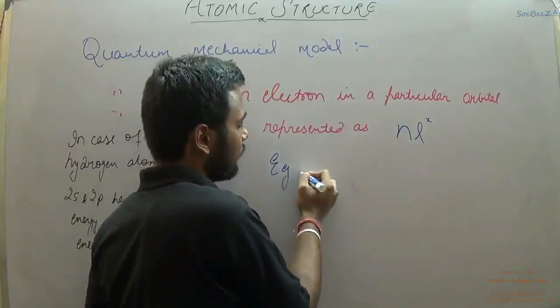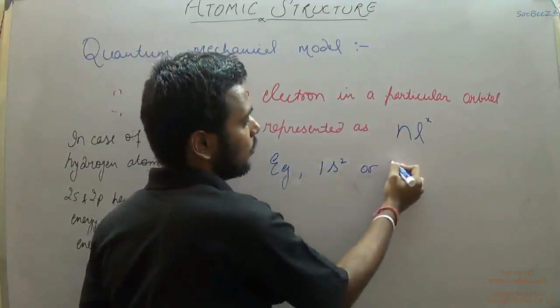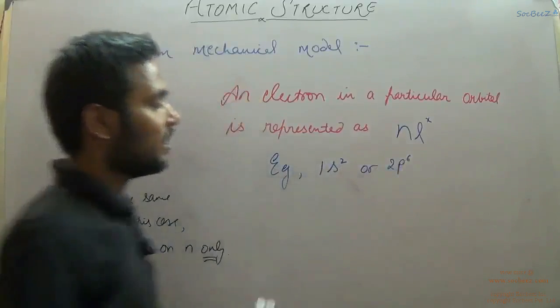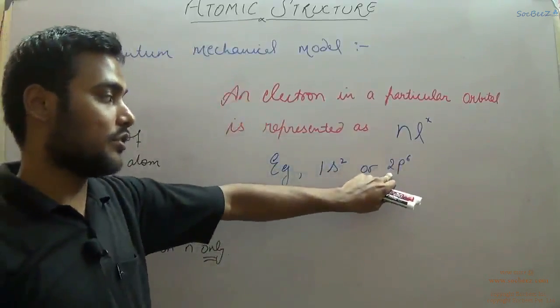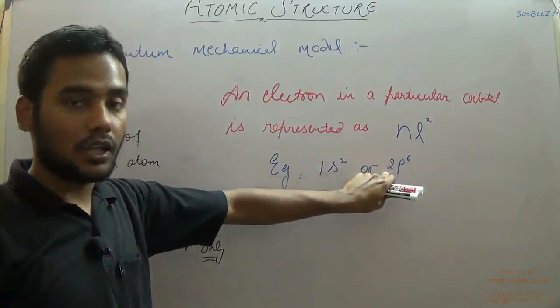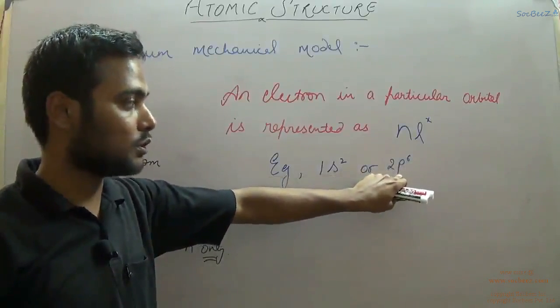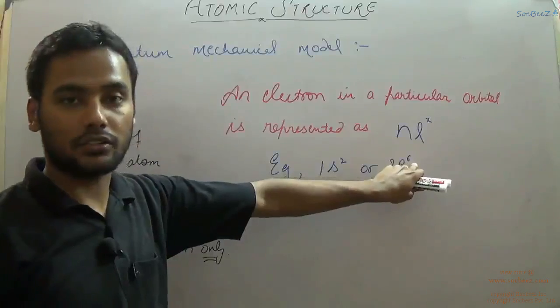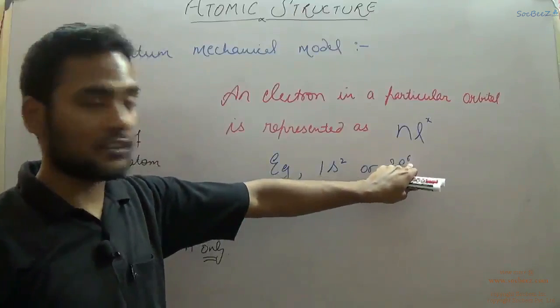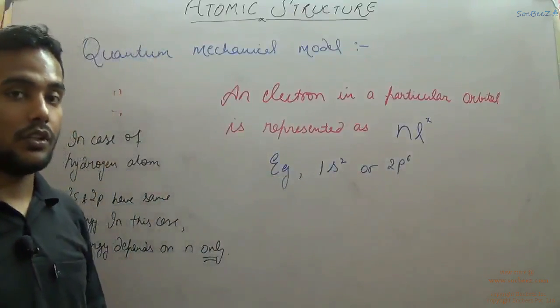For example, 1s2 or 2p6. It tells us that this electron resides in principal quantum number 2, azimuthal quantum number 1, p, because p corresponds to 1, and it has 6 electrons. And 6 is the maximum number of electrons that can be occupied in the 2p subshell.